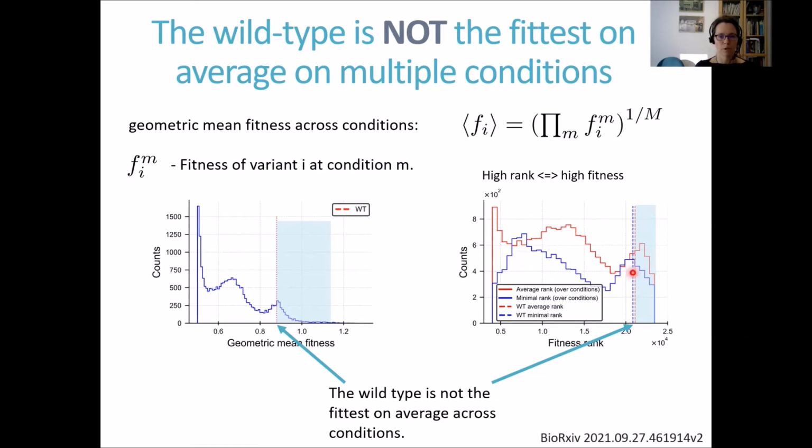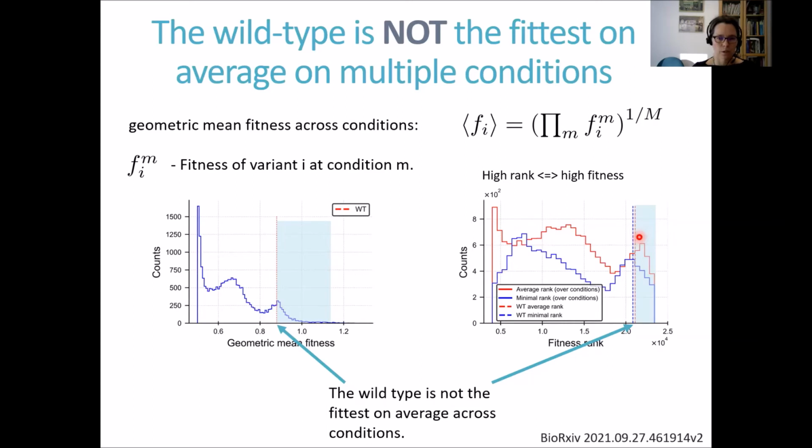And this is the minimal rank and the average rank of the wild type. And still there is a proportion of genotypes with higher minimal rank, namely they are fitter in all 4 conditions, and same for the average. Okay, so this seems to rule out this explanation, at least for the 4 conditions that we have data for.